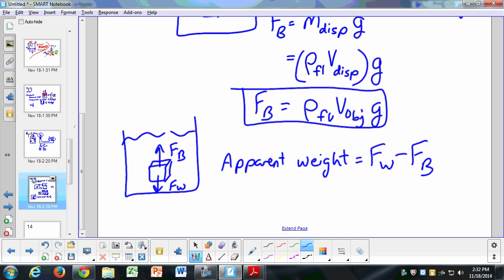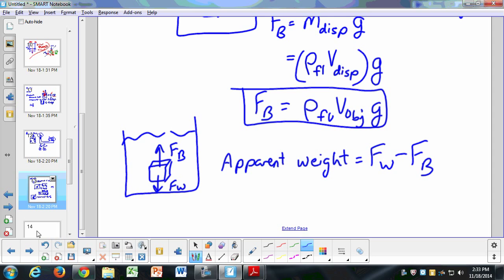So for example, if I weigh 700 newtons, I go in the pool, and there's a buoyant force of 100 newtons acting on me, then I have an apparent weight that's less than 700. I have an apparent weight equal to 600 newtons. You understand that concept, apparent weight? The weight that you appear to have when you're in a fluid is you subtract the buoyant force from your actual weight.